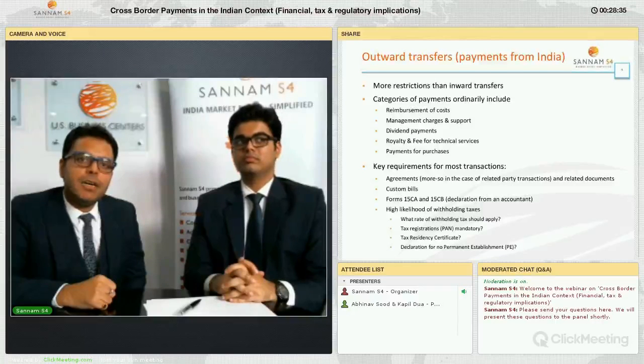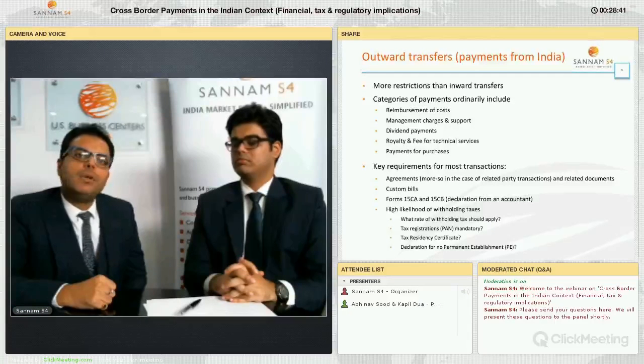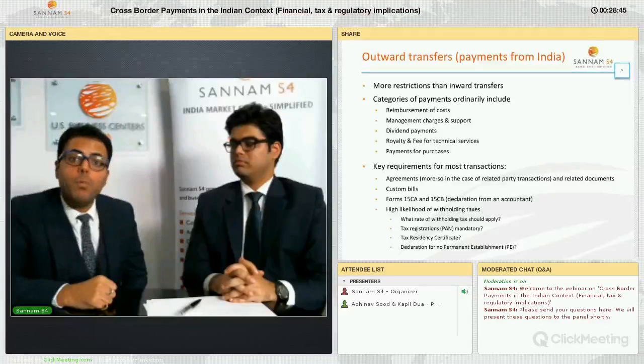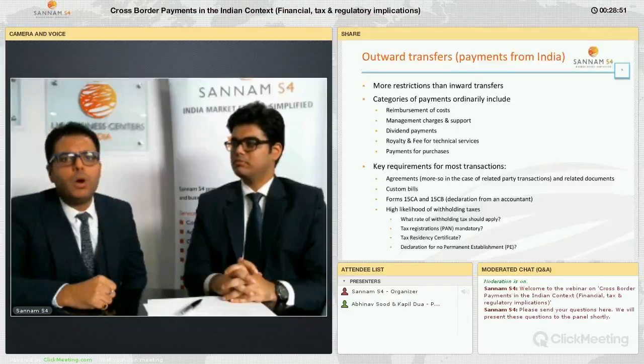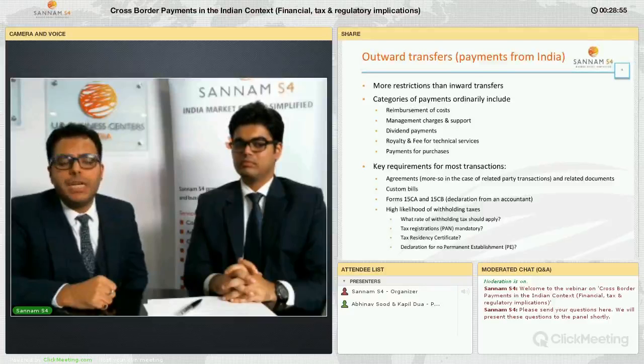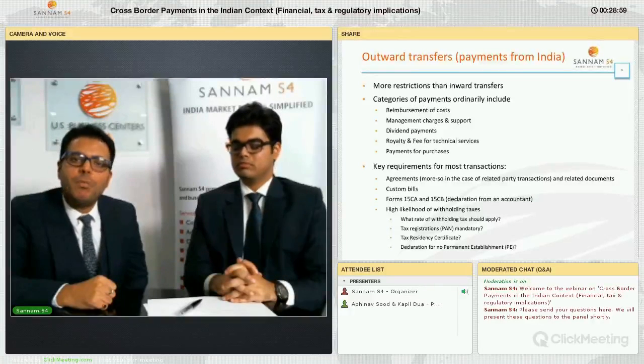Third, the tax residency certificate. As a foreign business, foreign company or foreign institution, you need to apply for a tax residency certificate from your home country's inland revenue authorities, which will give you a one-pager certificate saying, for example, that you are a tax resident of the US or UK, to claim the benefit under the double taxation avoidance agreement between India and your home country.